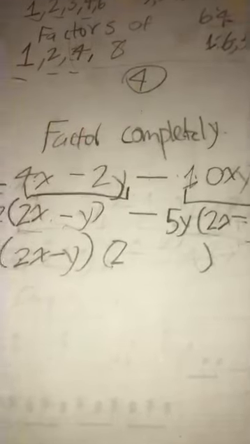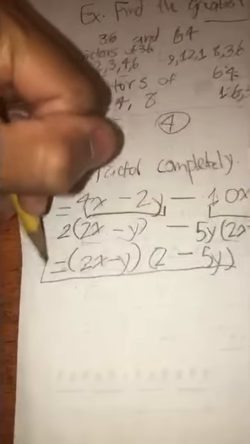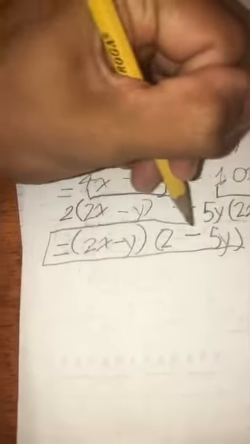And lastly, what would equal 10xy minus 5y? Negative 5y. And so we've gotten our greatest common factor, which is a 2x minus y, and we've also factored these. So we factored this out, got our greatest common factor, and there we go.